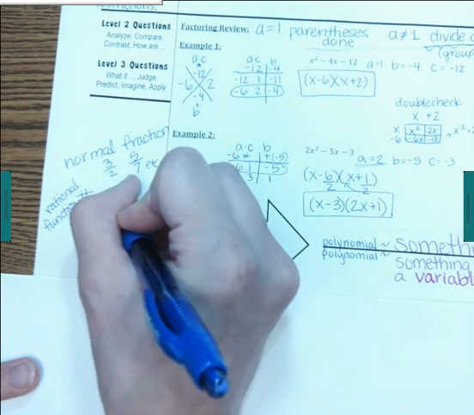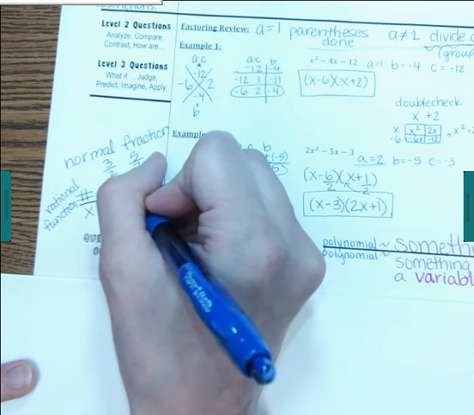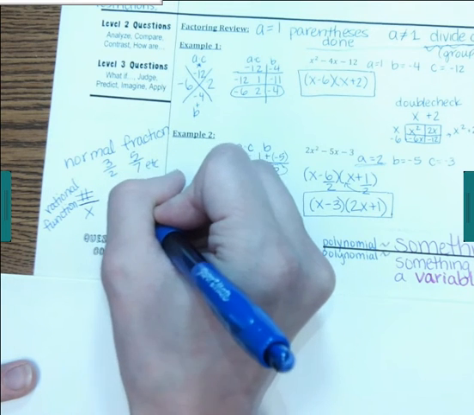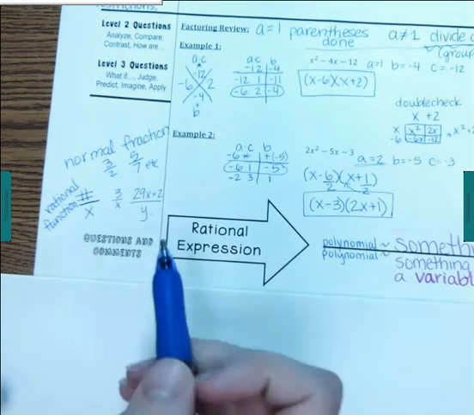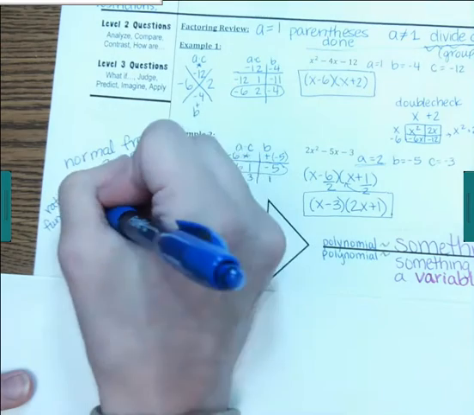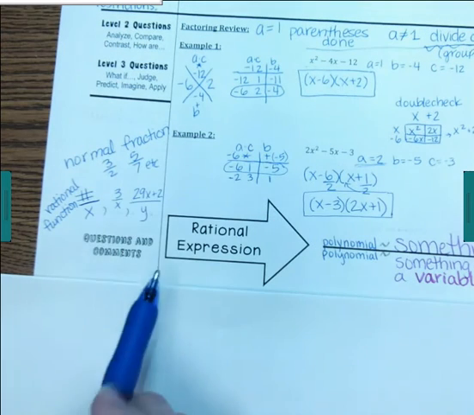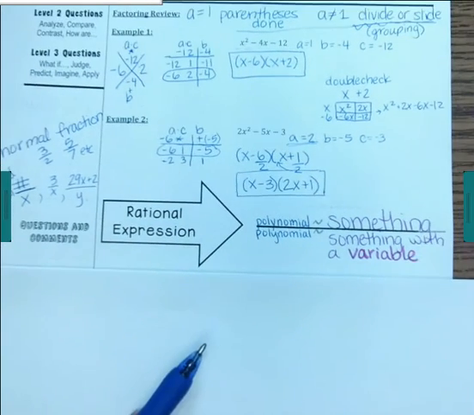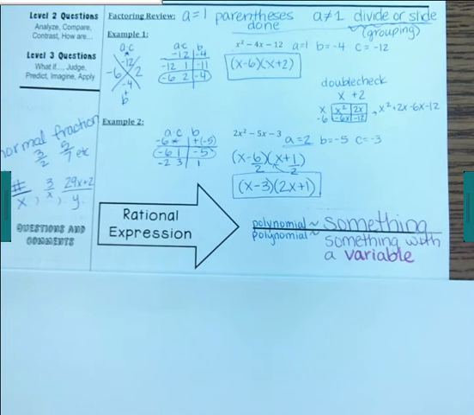So 3 over x, or 29x plus 2 over y. It can come in all sorts of complexities and levels, but something divided by a variable. That's what we have there.